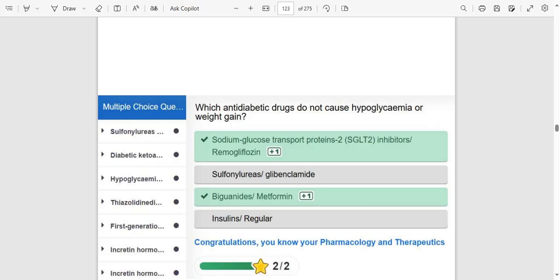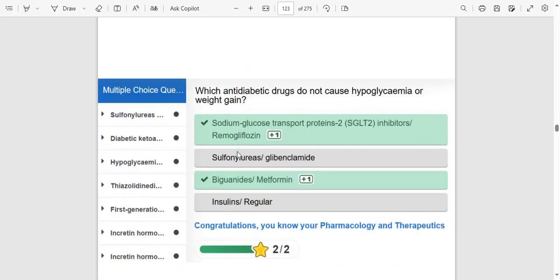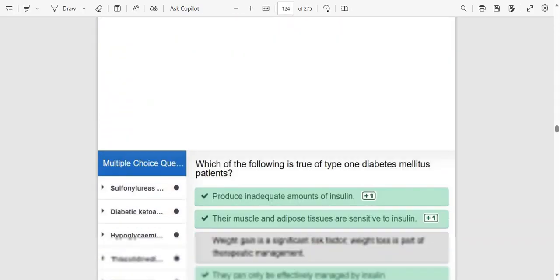Has something been mentioned about weight gain with the biguanide? I think that's why it's not correct on the weight gain part. So it can cause some hypoglycemia but not weight gain, all right? And then, okay, so that's that. And go to the next.